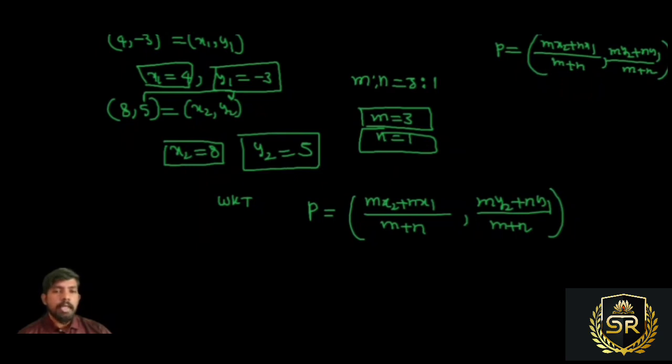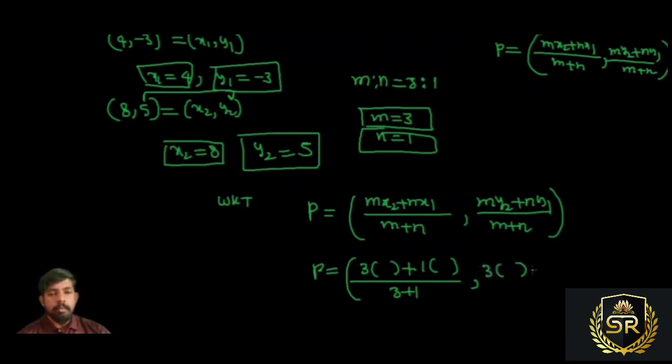Now we have the m and n values. In the place of m I write 3, x2 stays, plus n, which is 1, into x1, by m plus n, that is 3 plus 1. Similarly, m is 3 into y2, plus n, which is 1, into y1, by 3 plus 1.